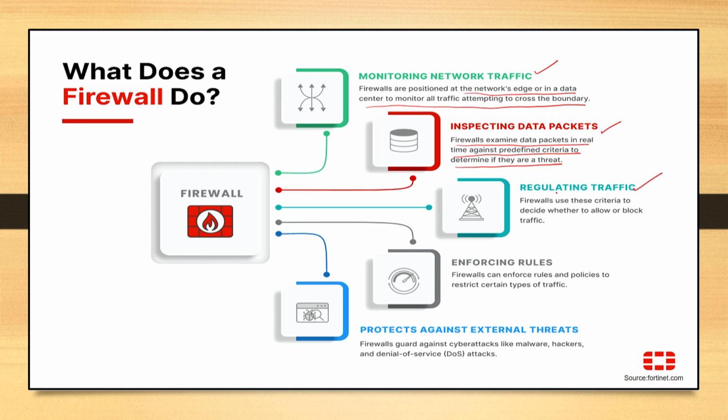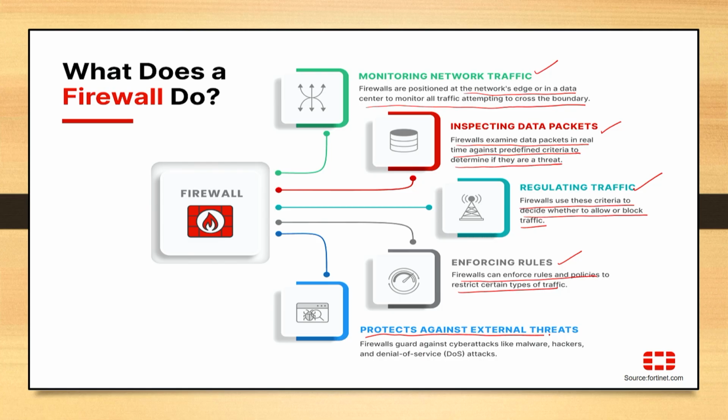Regulating traffic, firewalls use these criteria to decide whether to allow or block traffic. Enforcing rules, it can enforce the rules and policies to restrict certain types of traffic, means certain types of websites are not allowed to be accessed by the user. Protects against external threats.